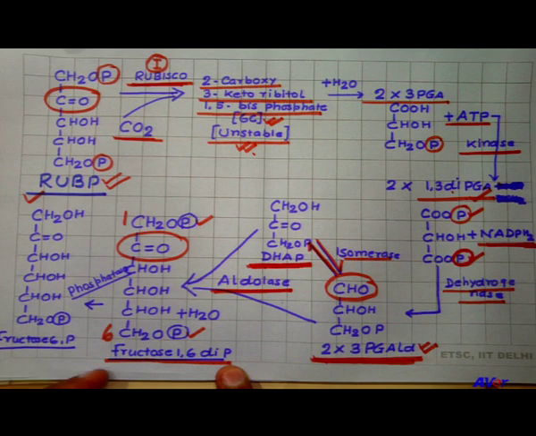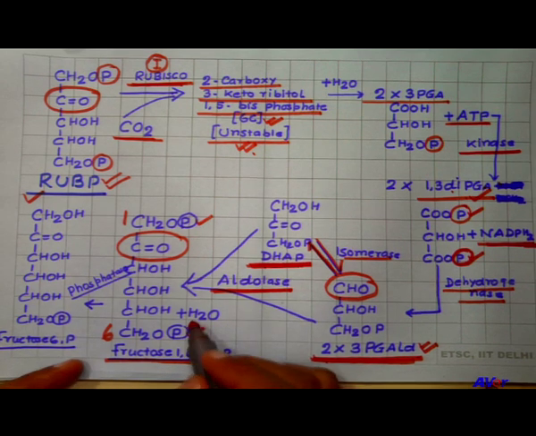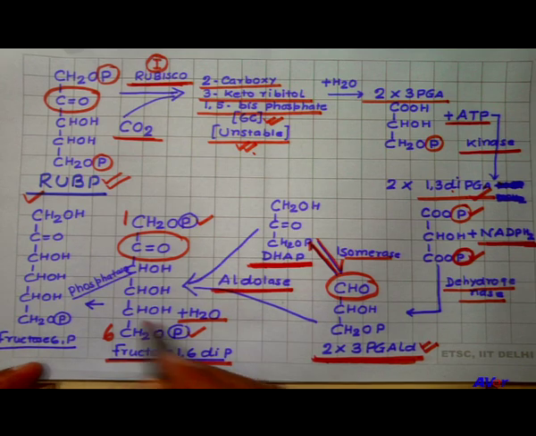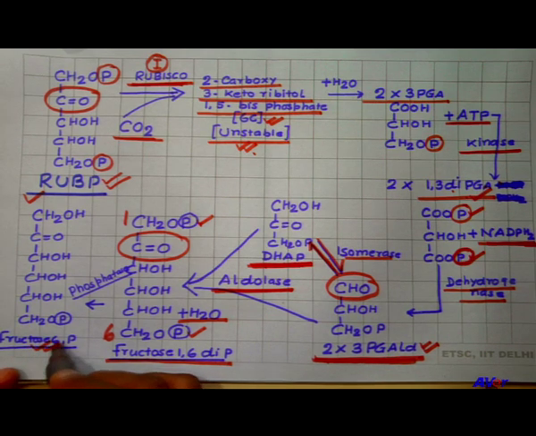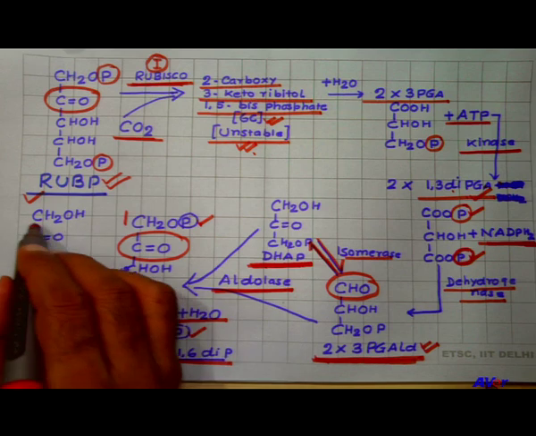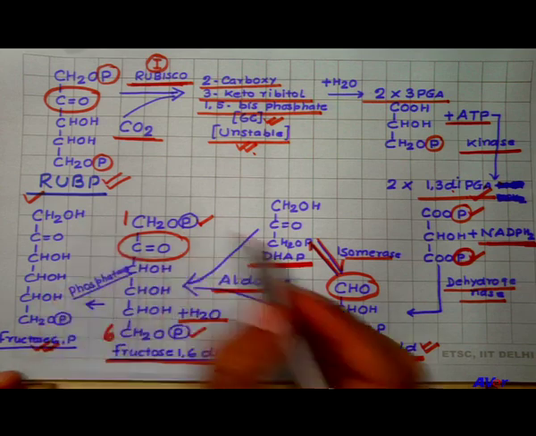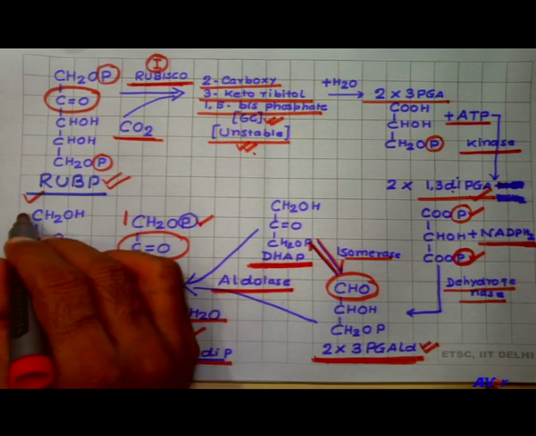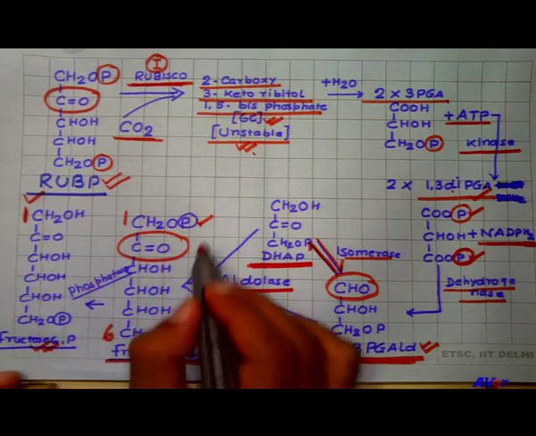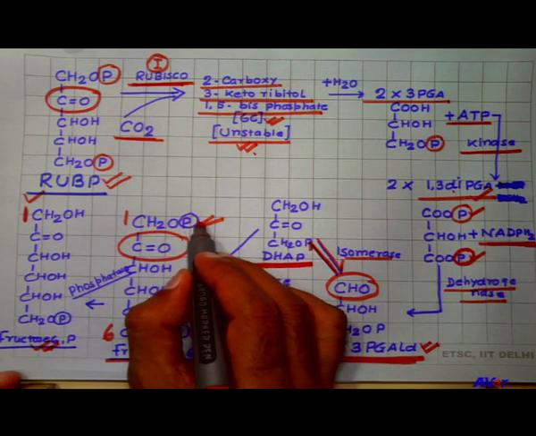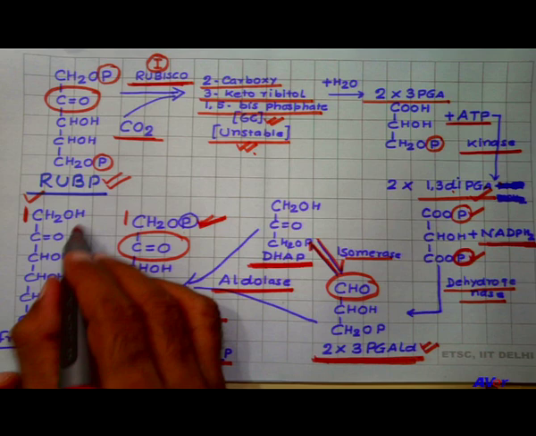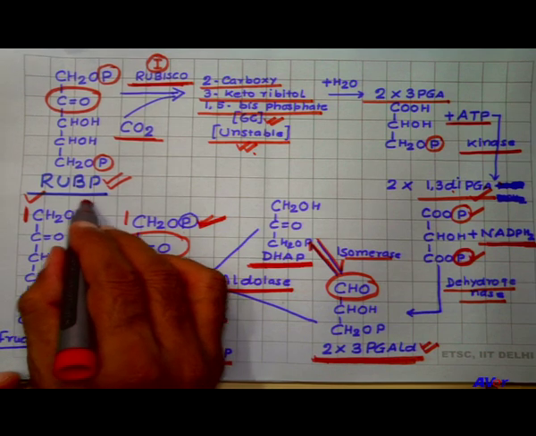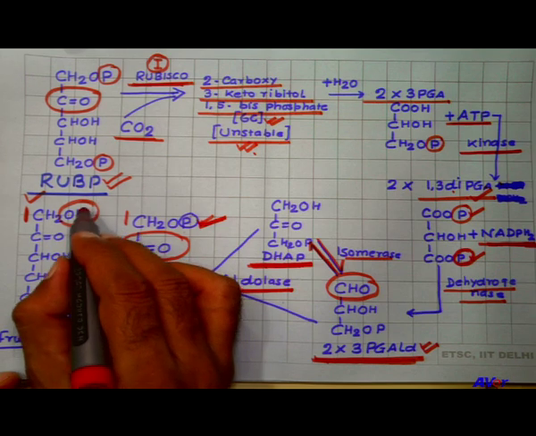Fructose 1,6-diphosphate is formed, it combines with water and the phosphate group is removed, converting it into fructose 6-phosphate. This fructose 6-phosphate is the same as fructose 1,6-diphosphate, but here is a certain change: at the 1st carbon the phosphate group is removed, and ATP is formed, and here the alcoholic group is there.